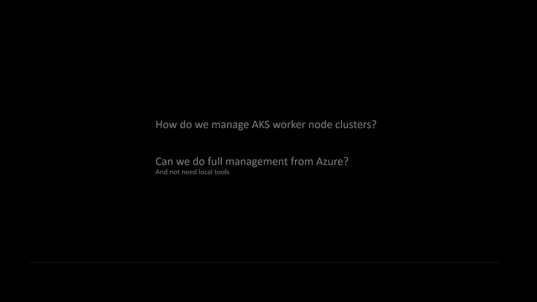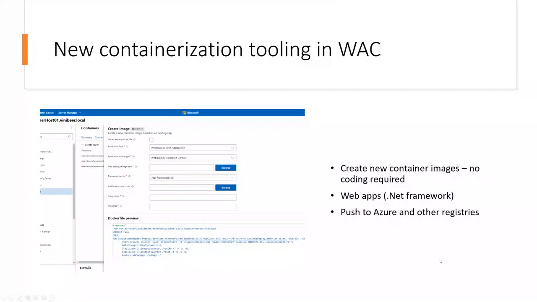So if you have a Visual Studio solution from your developer, or if you have a web deploy zip file that was used to extract the application from the running server, you can use the tooling that you are seeing here to create a new container image for you.